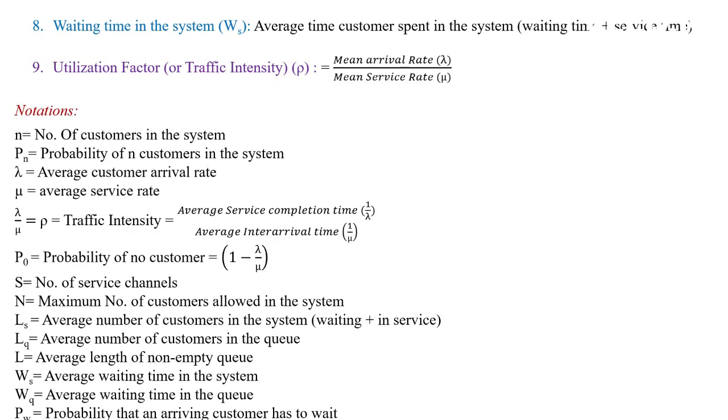P naught is the probability of no customer, S is the number of service channels, LS is the average number of customers in the system, LQ is the average number of customers in the queue, capital L is the average length of non-empty queue, WS is the average waiting time in the system, WQ is the average waiting time in the queue, and PW is the probability that an arriving customer has to wait.